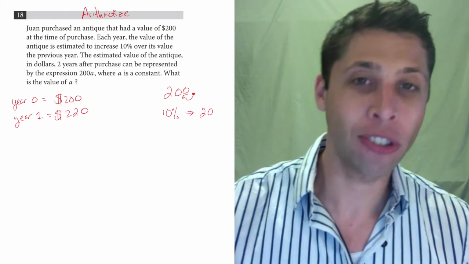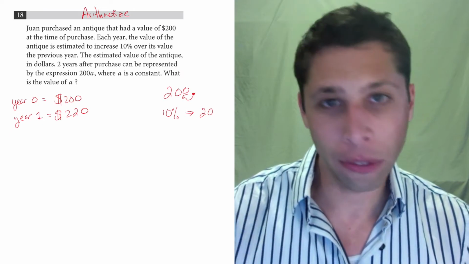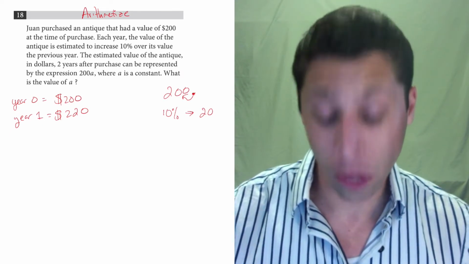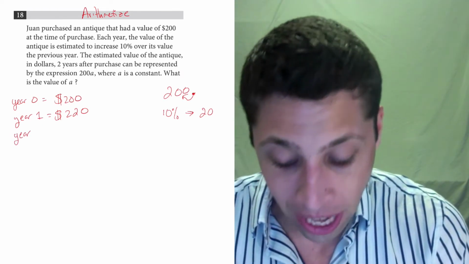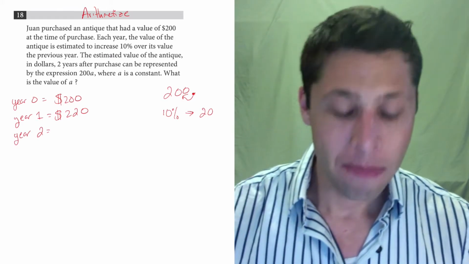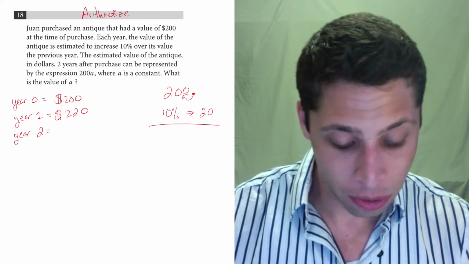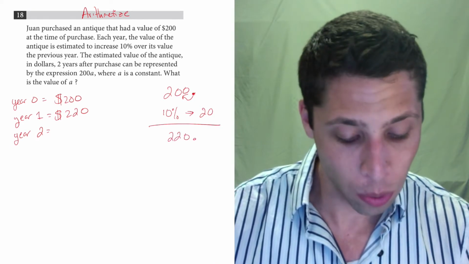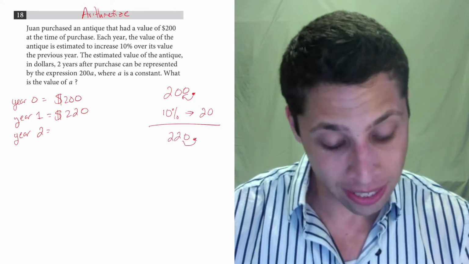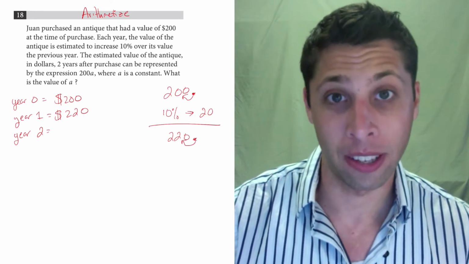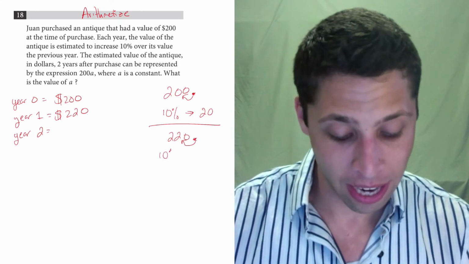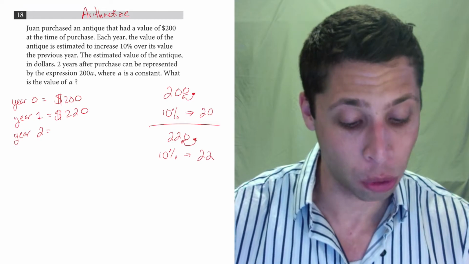But in the next year, it doesn't go up by another 20, so it's not going to be $240. It's going up by another 10%, meaning that, again, I need to do this thing with the decimal place. So now 220, we move that decimal place 1 to the left backwards, and we get that 10% is now a different number, $22.